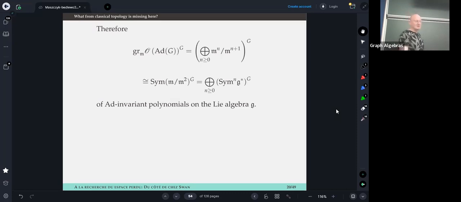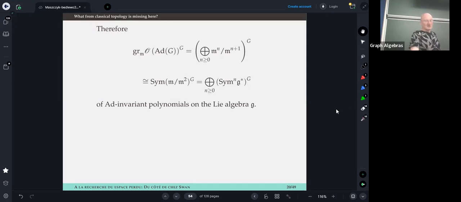So now we are using the fact that G is reductive or compact, whatever you wish. Since this linear algebraic group is a smooth variety, these quotients can be computed as powers of a quotient of the type M mod M squared, which is nothing else but the linear space of linear functionals on the Lie algebra of this algebraic group.